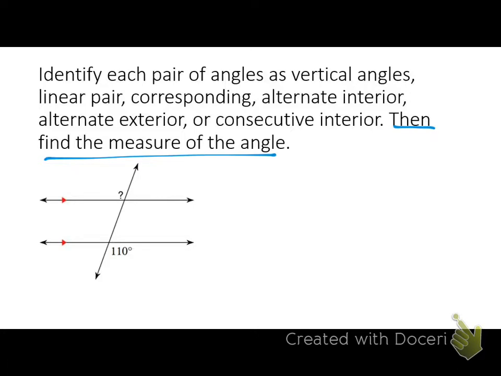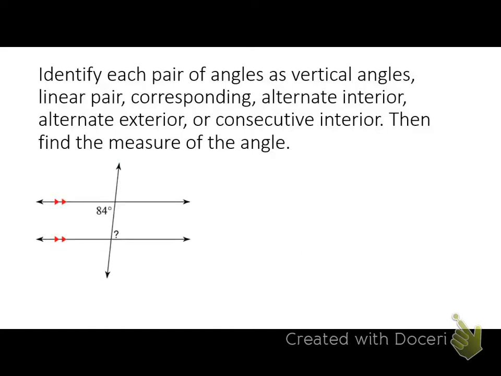Correct. Very cool. Yes, ma'am. Good. They are alternate exterior, which means the measure will be 110. They'll be congruent. The next one. Tell me the relationship and then find the measure of the angle.